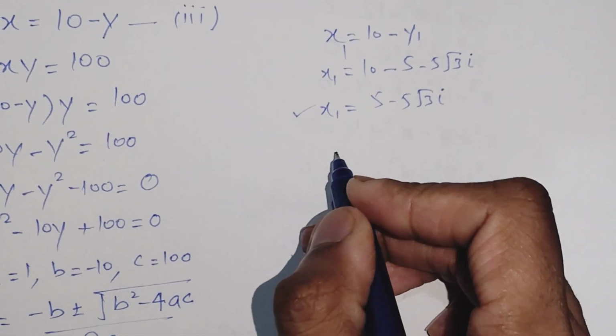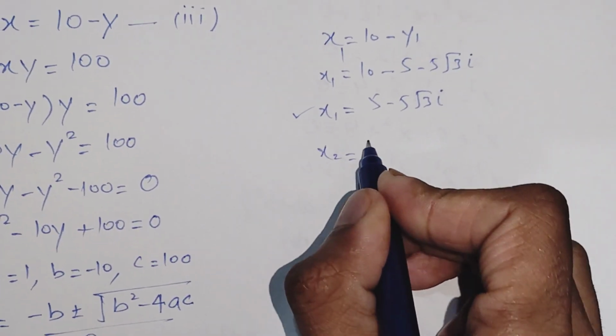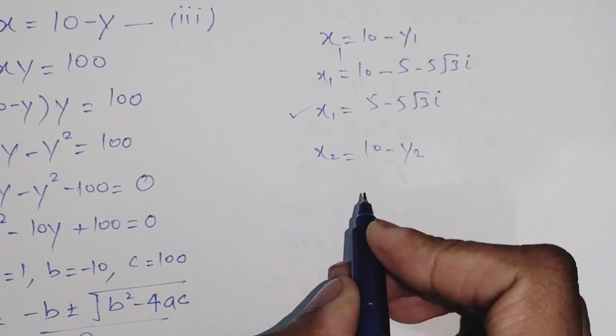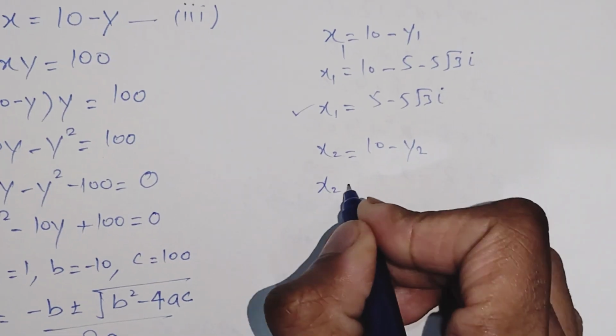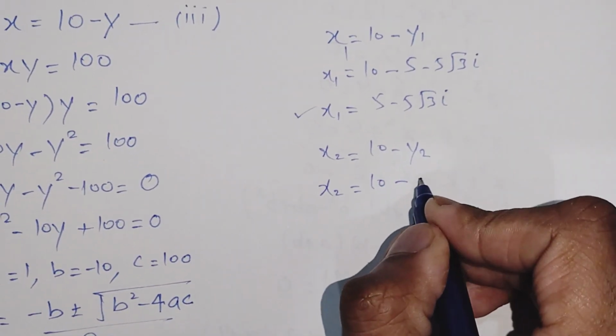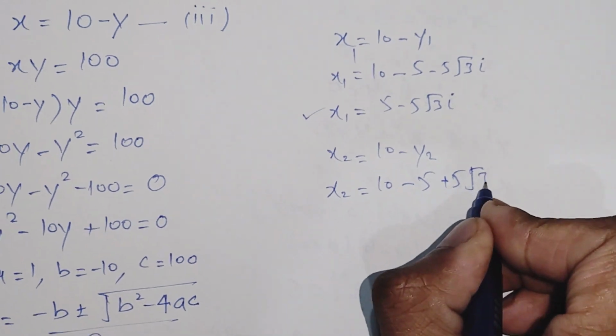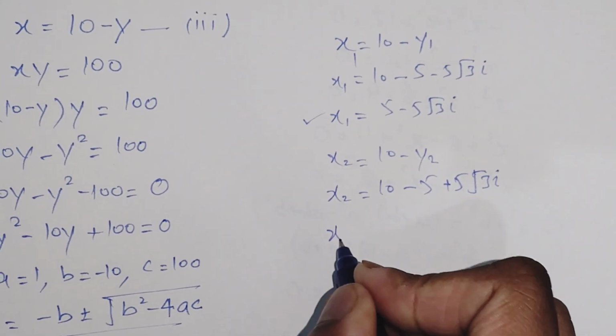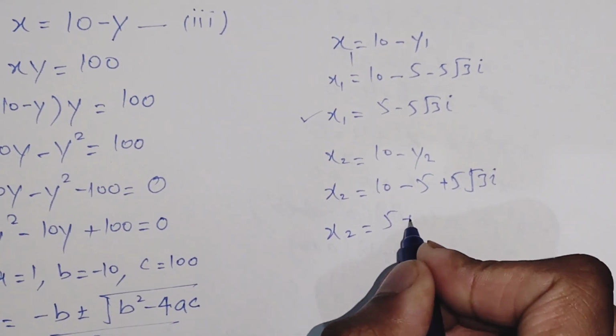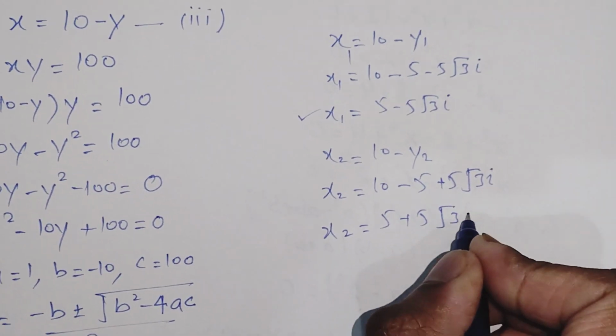Now for x2 it's 10 minus y2. So putting the y2 value, 10 minus 5 minus 5 square root of 3 iota. So x2 will be 5 plus 5 square root of 3 iota.